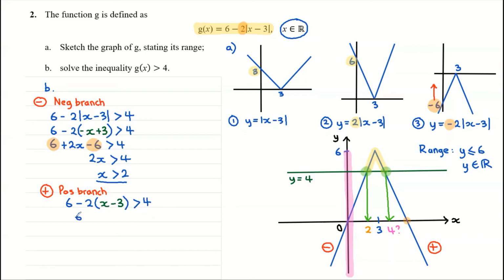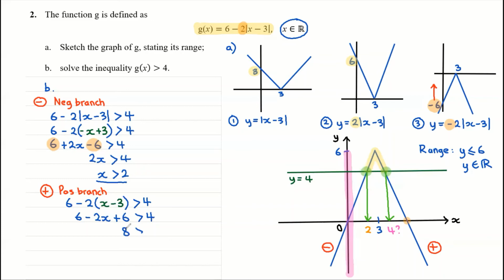So we have 6 subtract 2x plus 6 is greater than 4. I'm going to add the 6's together. Well, we can collect all the numbers together. If I add the 6's together, that's 12. And then if I subtract 4 from both sides, that of course is going to give me 8.